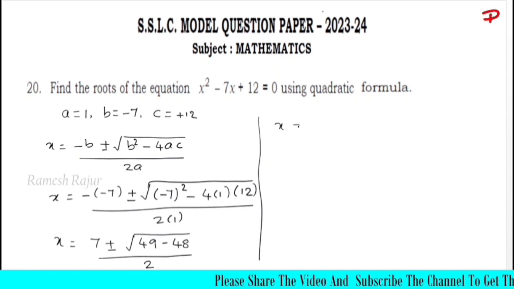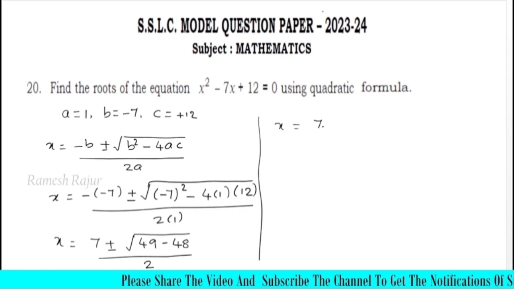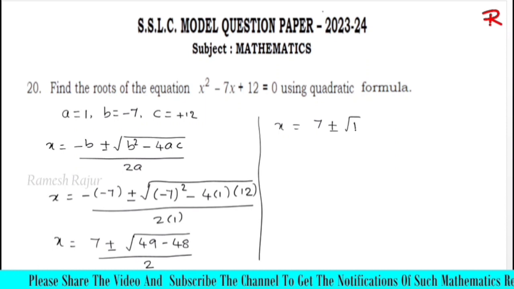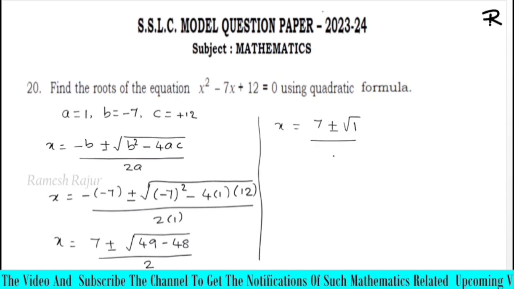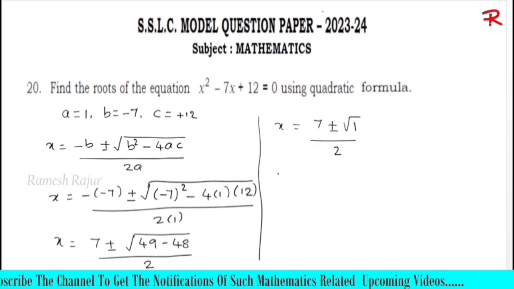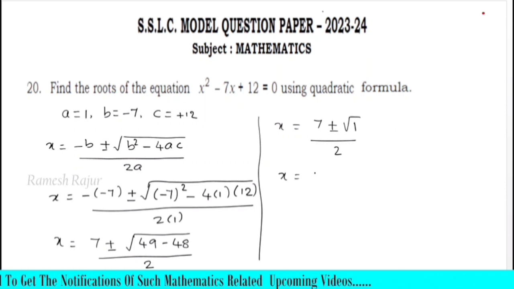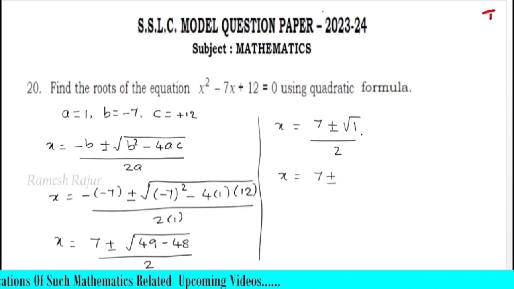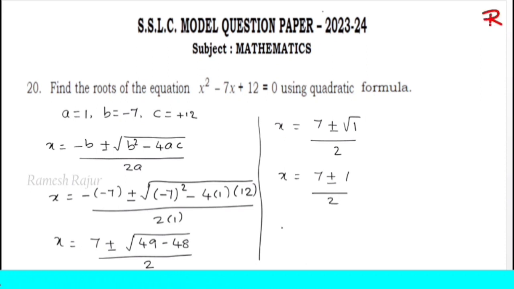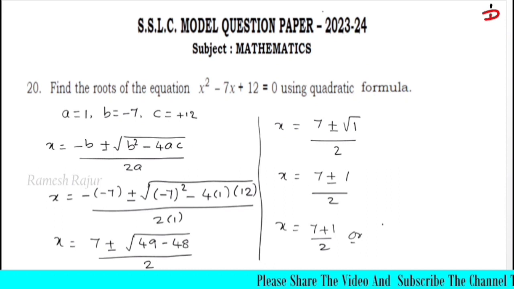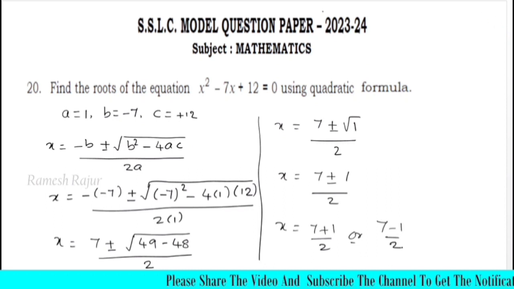In the next step, we have x equals 7 plus or minus square root of 1, by 2. That implies x equals 7 plus or minus the square root of 1, which is 1, by 2. In the later step, we have 7 plus 1 by 2 or 7 minus 1 by 2.